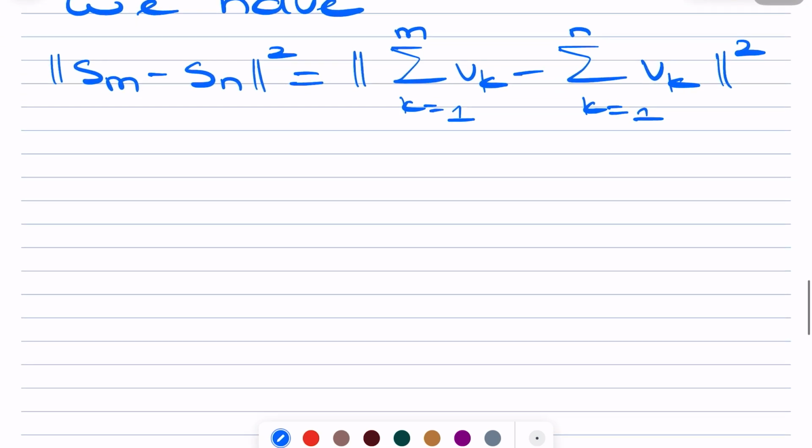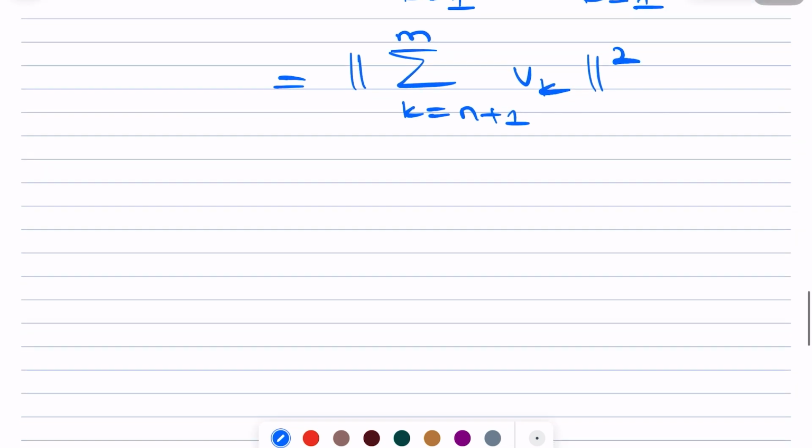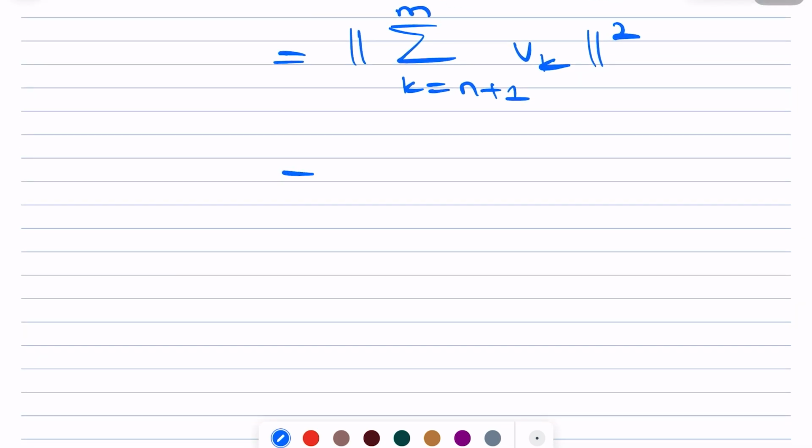But this is exactly, because m is strictly greater than n, the norm squared of the summation over k moving from n plus 1 to m of vk. And this is equal to the summation over k running from n plus 1 to m of the norm of vk squared.